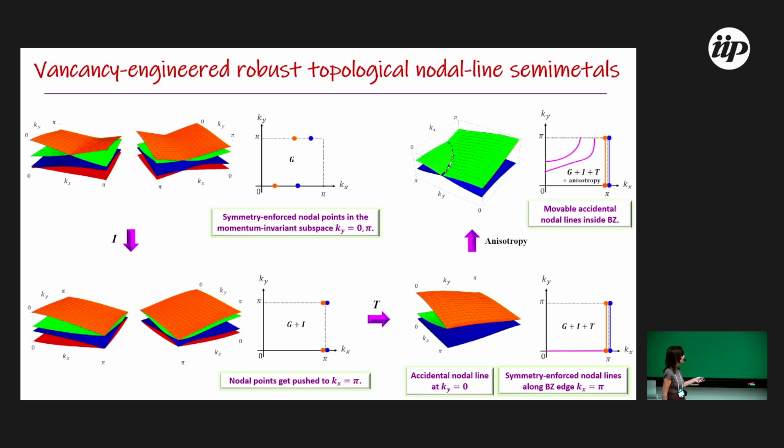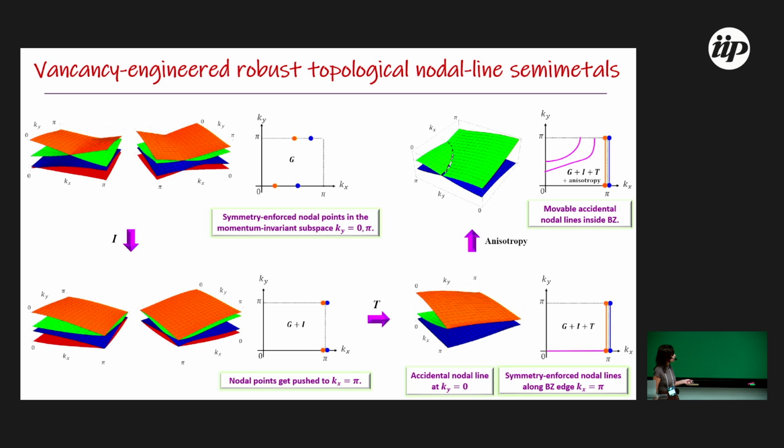And also, not important for my argument today, but for applications sometimes, it also induces an accidental nodal line at ky equals 0 here. In fact, if I play with anisotropy in that toy model by changing the values of my hoppings a little bit, I can prove that this accidental nodal line can be moved inwards in the Brillouin zone, and its shape can be deformed at will.